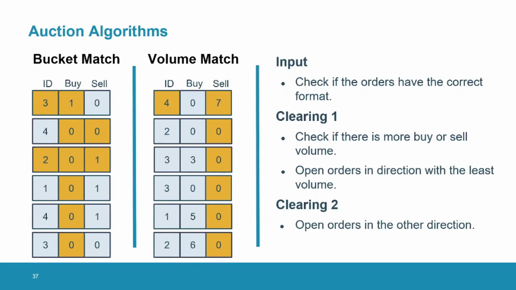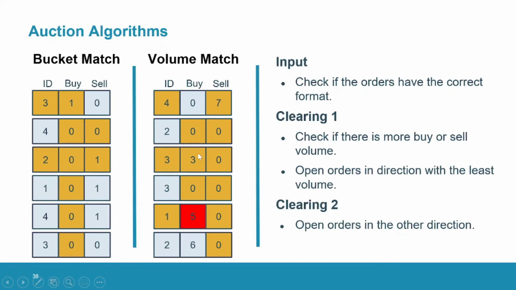Then for the volume match, we can try to do something similar where we open orders one by one. However, because in the volume match the orders can have different volumes, if we do that, we will run into a problem. So let's say we open the orders one by one. So the first order with buy volume is this one with volume 3. And then in the sell side, we have a total volume of 7 to trade.